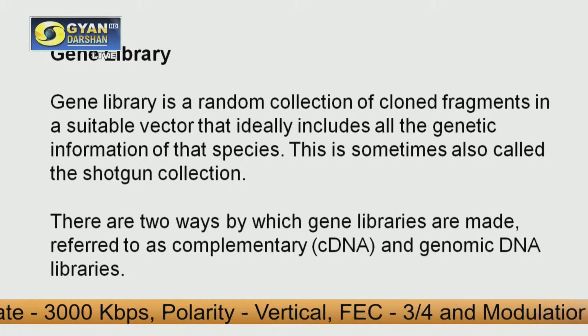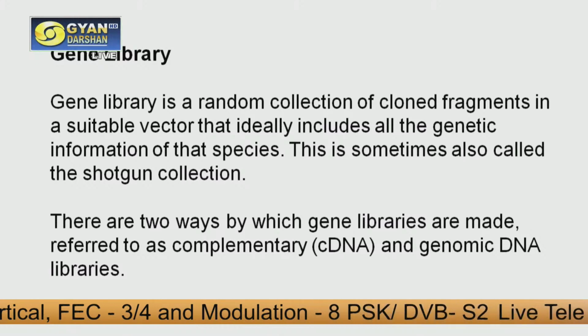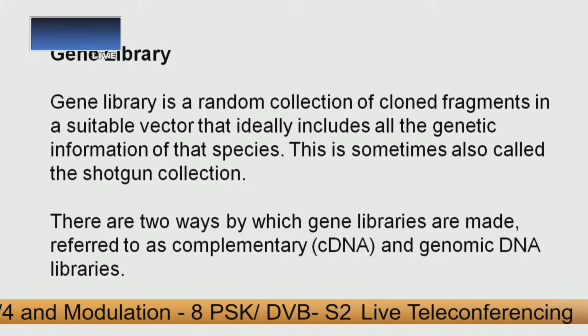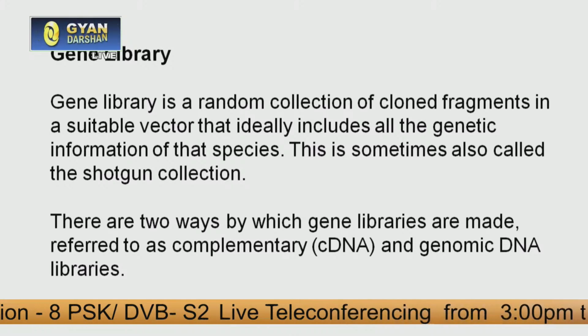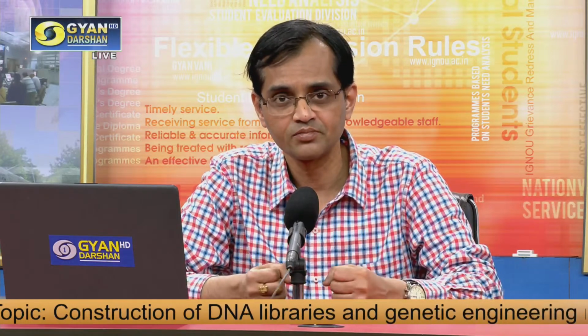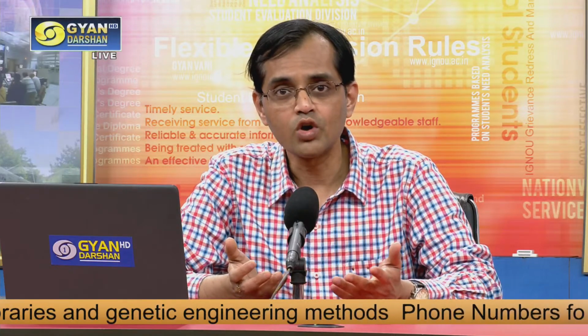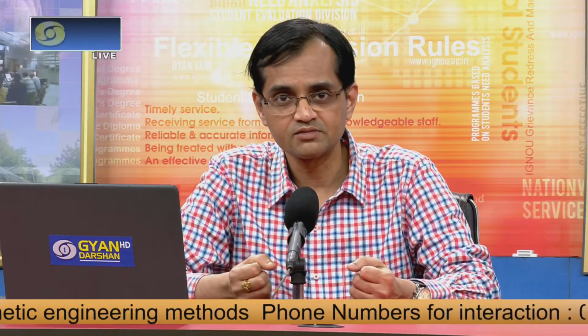Then what is a gene library? The concept is that a library is such a concept where you have a collection of all genes. Let's take the example of any organism, human or any animal or plant, like let's say Arabidopsis or rice. If somebody asks you the question, what are the genes which are present in rice? It's very difficult to answer this question because there are so many genes.